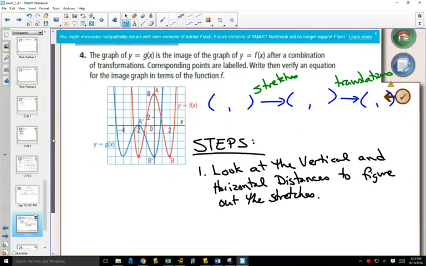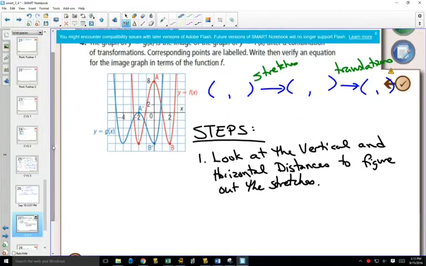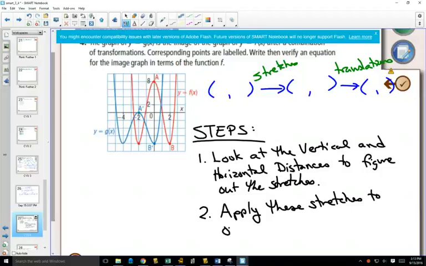Now, in our last example, that's all we needed to do and we were done. But now, there's also going to be horizontal and vertical translations. So after we've done step 1, step 2 is we're going to apply these stretches to the graph and plot those points.